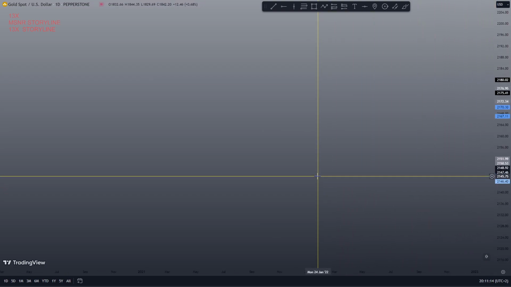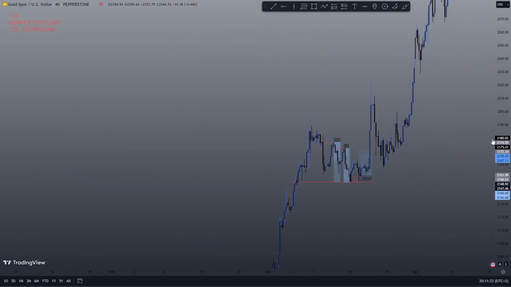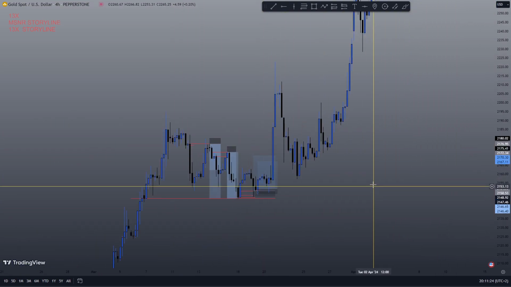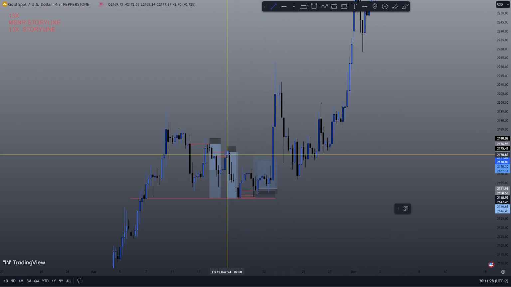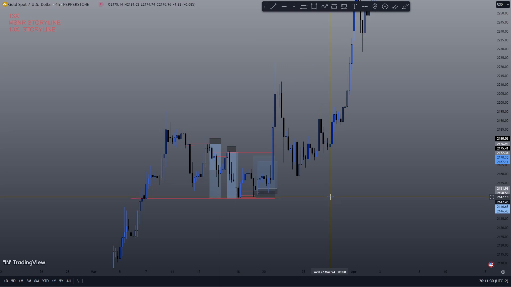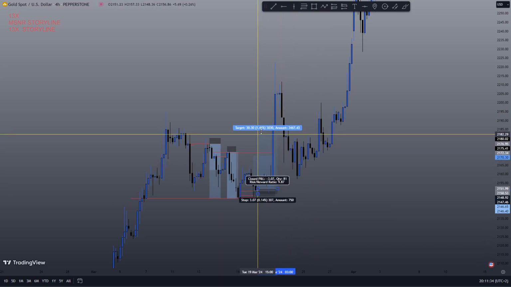But first, we are going to 4 hour. Confirm the storyline is continuing up, like we said. This is our 4 hour broken. So we can hold on this.